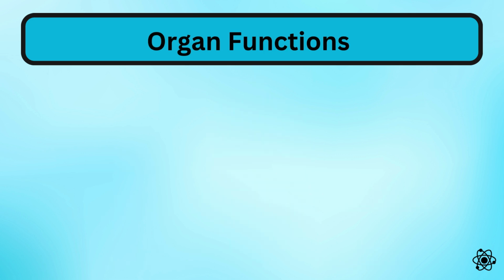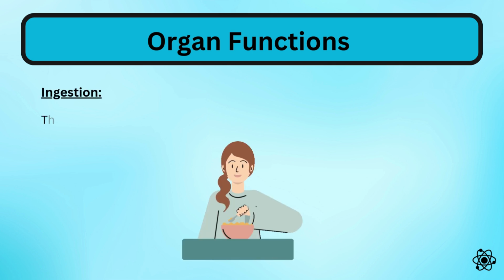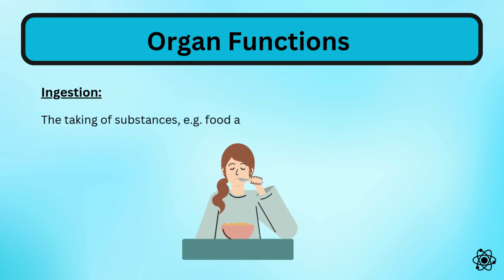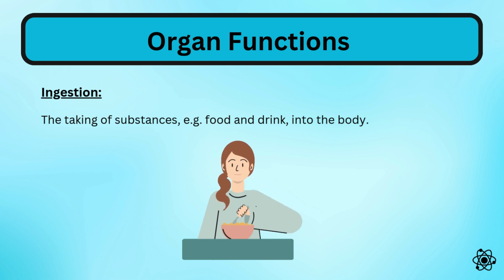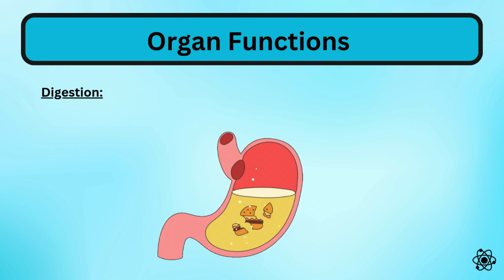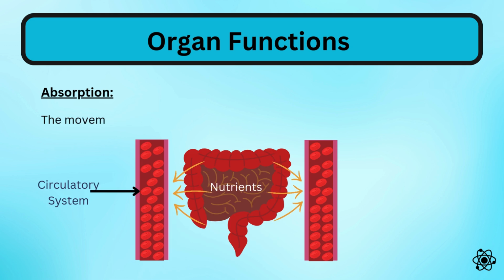Next, take a look at the different functions of the organs of the digestive system. Ingestion is the taking of substances, for example food and drink, into the body. Basically, eating or drinking. Digestion is the breakdown of food. Absorption is the movement of nutrients from the intestines into the blood.